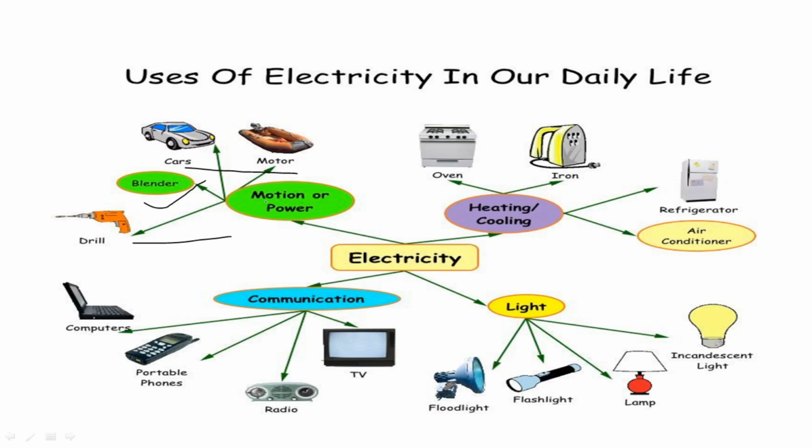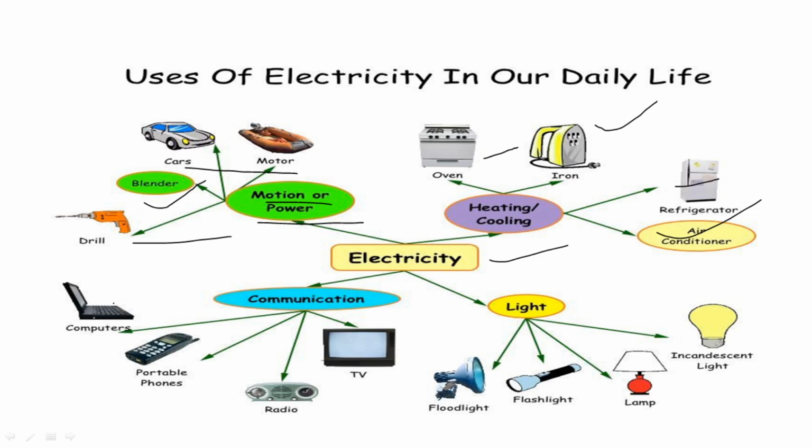These are used for motion or power with the help of electricity. Then oven and iron for heating, refrigerator and air conditioner for cooling. This heating and cooling is also done by electricity. Oven and iron are mostly used, and refrigerators and air conditioners are also used.